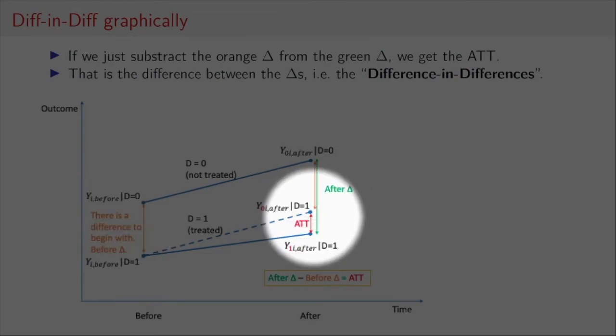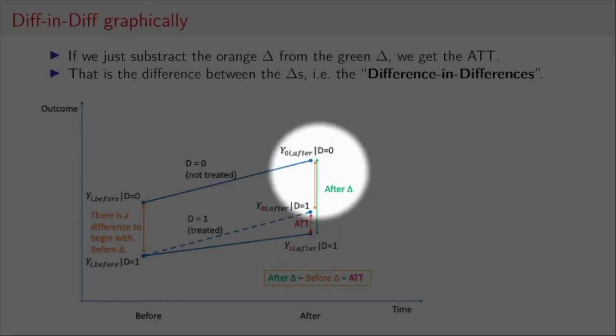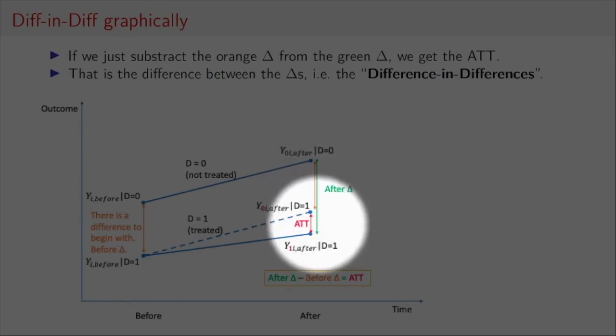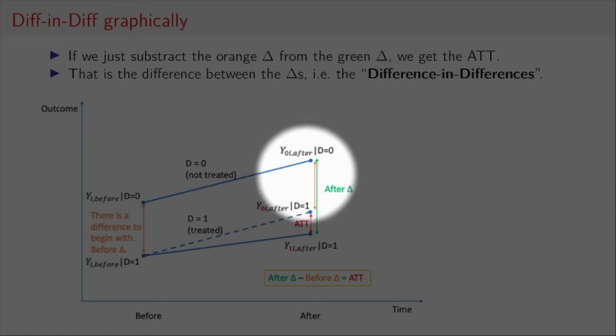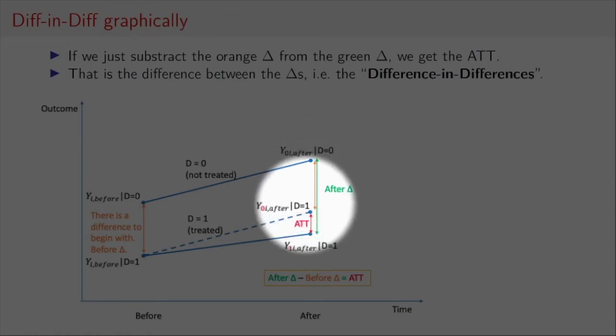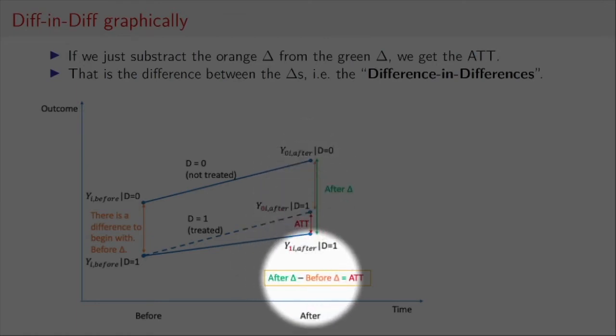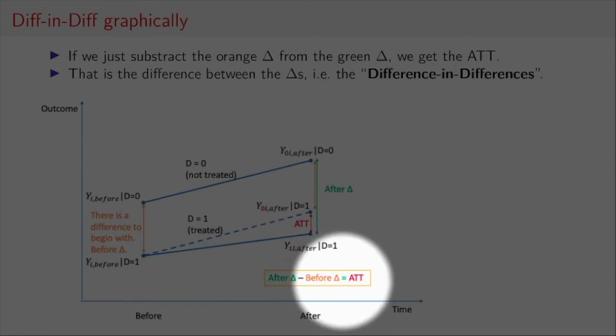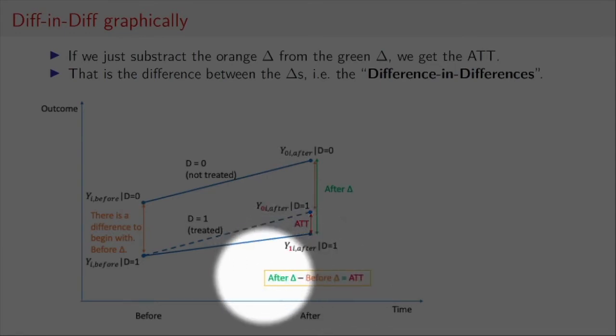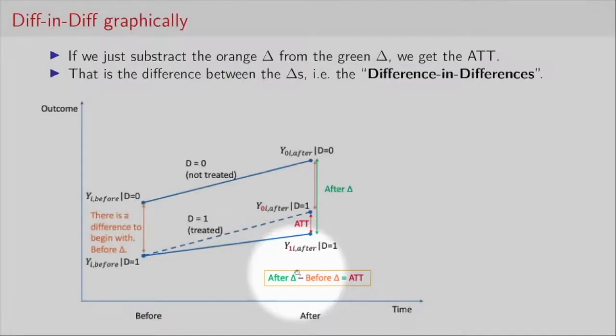But graphically, it appears clearly that the average impact of treatment on the treated is just the difference between the after delta and the orange arrow, which is the before delta. So after delta minus before delta is the average treatment on the treated. That is the difference in the differences.